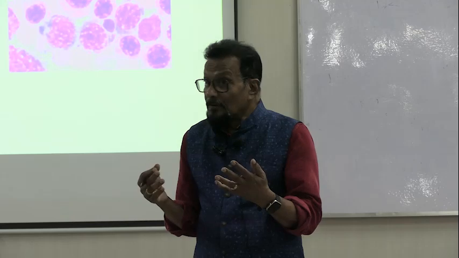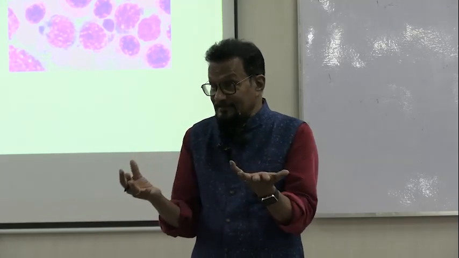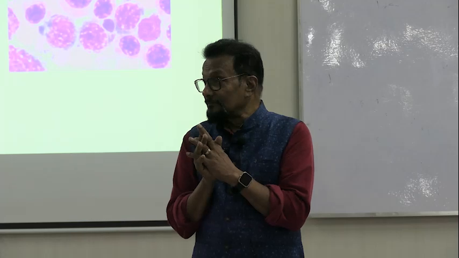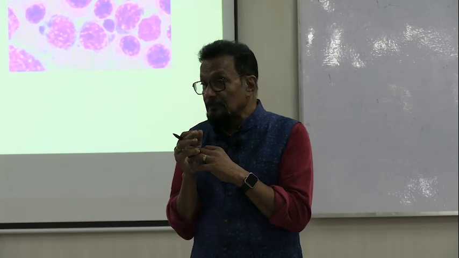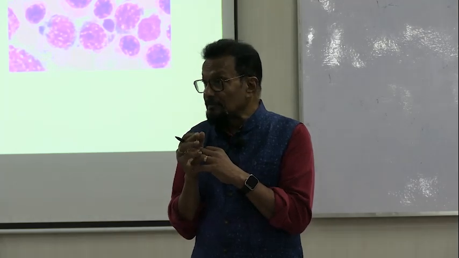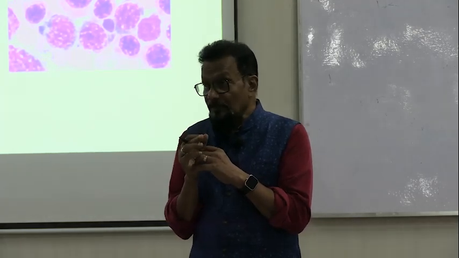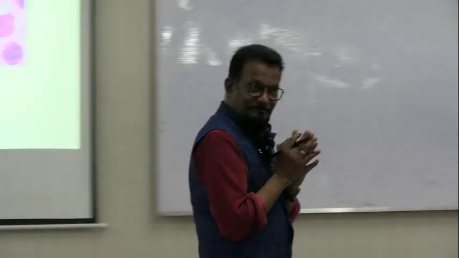You will be unable to walk. There will be apathy. You will not be concentrating on anything in studies. Always you feel sleepy. Weakness. So this is the simple answer.